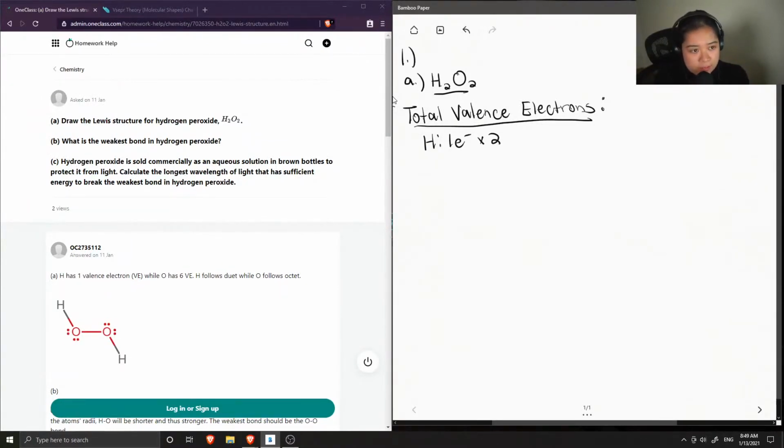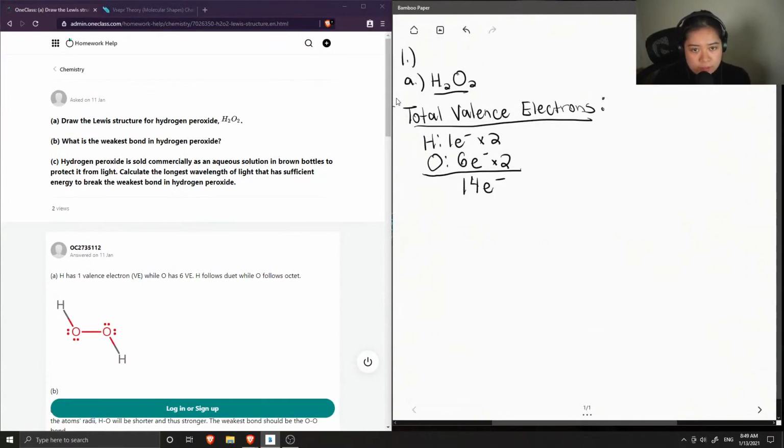And in the case of oxygen, there are 6 valence electrons, and we also have 2 oxygen atoms, so we would just multiply this by 2 as well. Okay, so 12 plus 2 is 14. So we have 14 valence electrons.